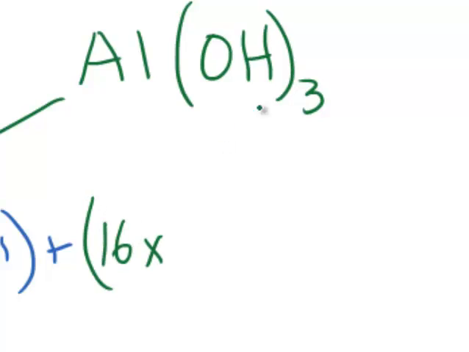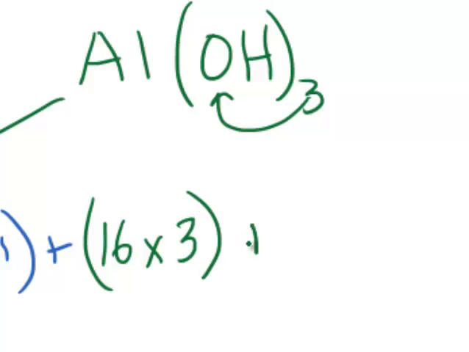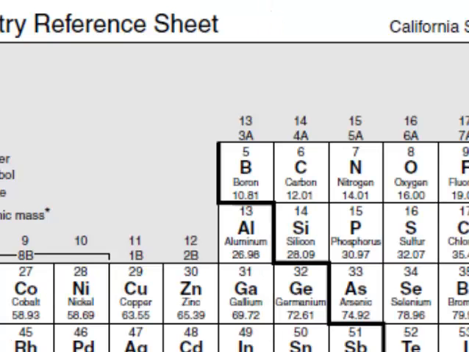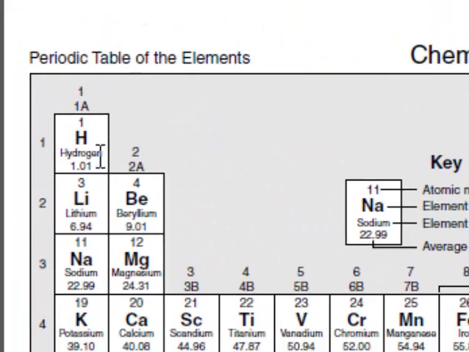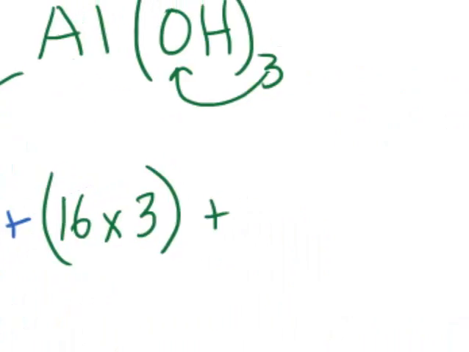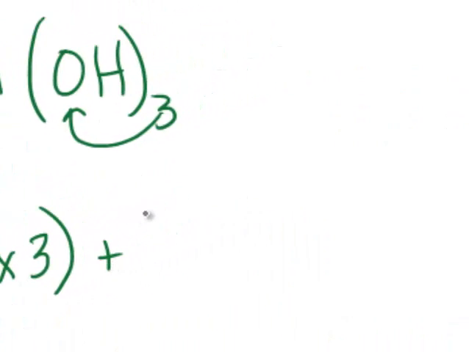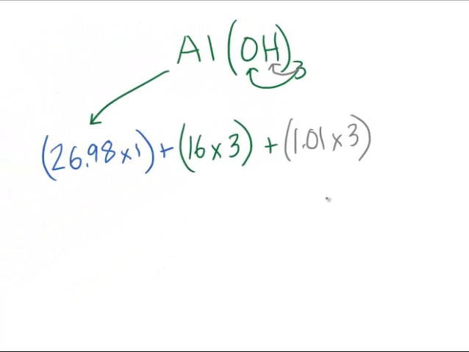But there's 3 of them. Remember, this number distributes inside. So it's 16 times 3. And then hydrogen is 1.01 grams per mole. And, as we said before, this 3 distributes on the inside, so there's 3 of them. 1.01 times 3 is 3.03. 16 times 3 is 48. And we still have 26.98 times 1.